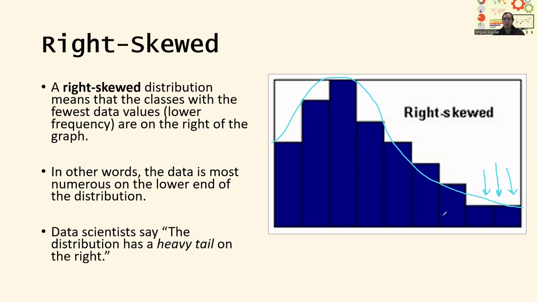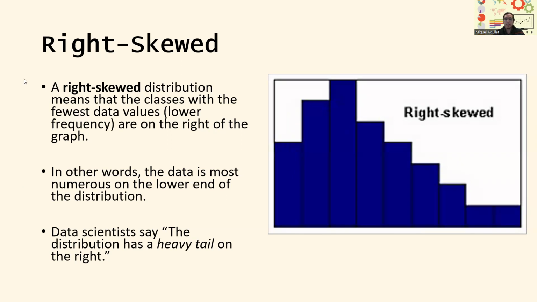Okay, so the data is more numerous over here on the left side which we would say is the lower end of our distribution. But here on the upper end, on the right side of our graph, we have smaller frequencies, and that's what our heavy tail is. Okay, so that's why this is a right skewed distribution, because we have fewer data points over here on the right side.